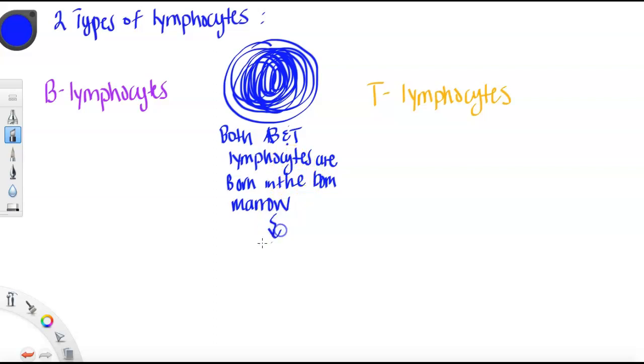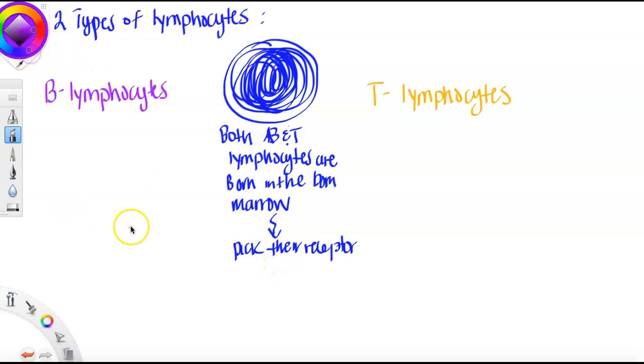And when they're born, they get to pick their receptor. The choice of the receptor basically comes from genetics. Okay, so we have a genetic library of all kinds of microorganisms and pathogens that could potentially invade us. So through gene shuffling, we get a receptor that goes to each lymphocyte that gets created.